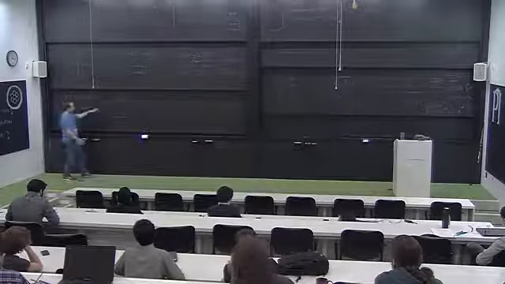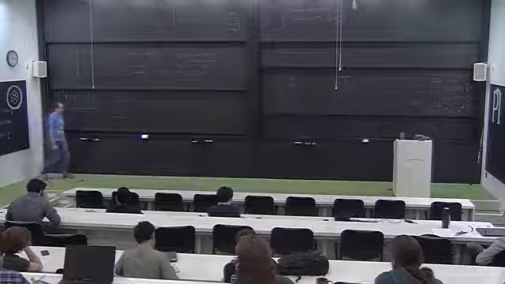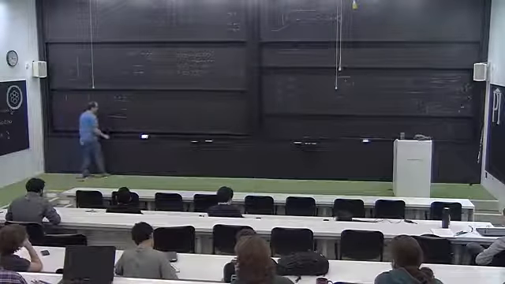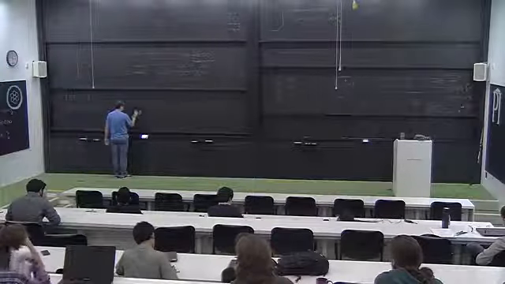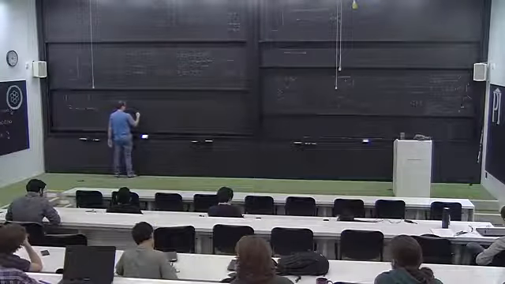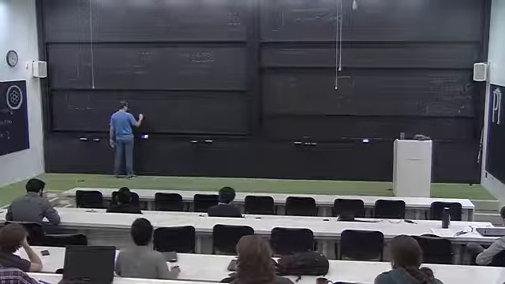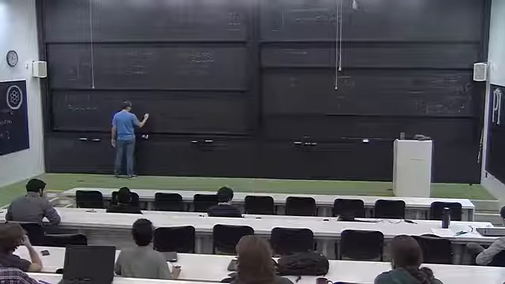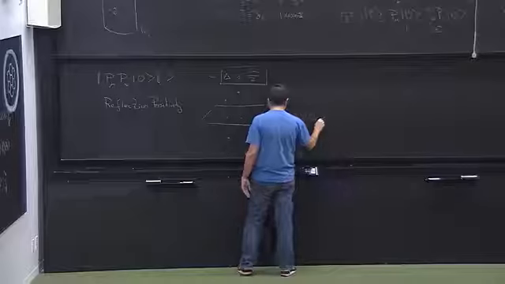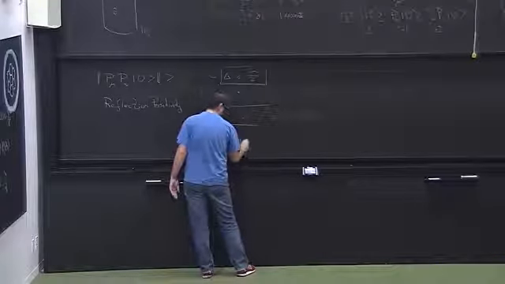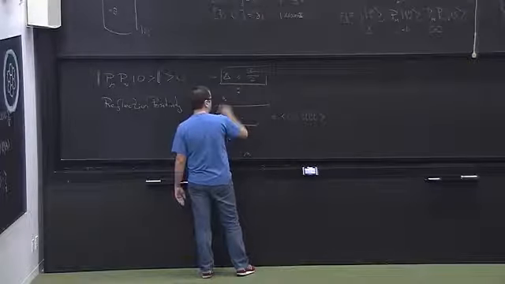For example, it could be a picture like this, where this picture could correspond to computing a correlation function O1, O2, O3, O4, where these points are distributed like this in a symmetric way. Okay?